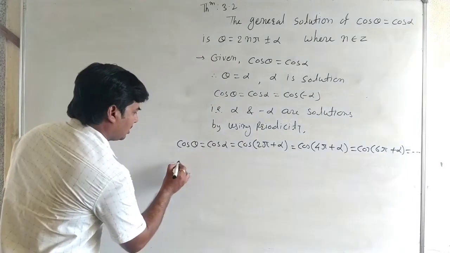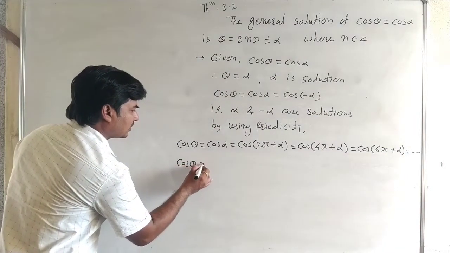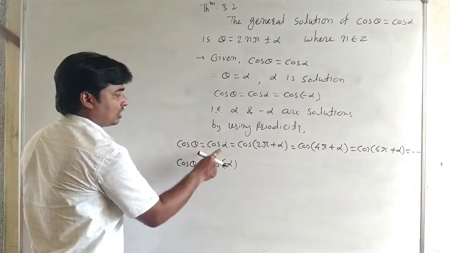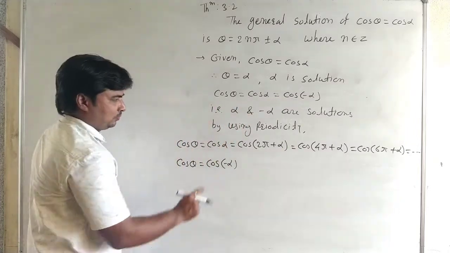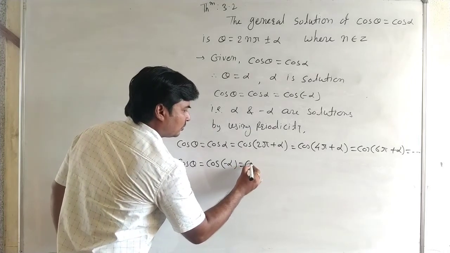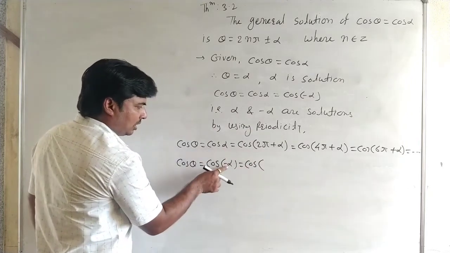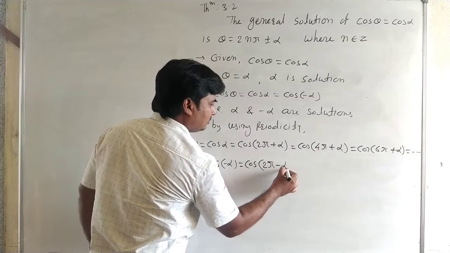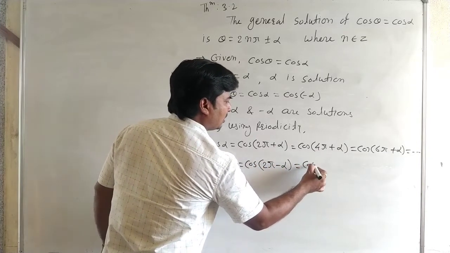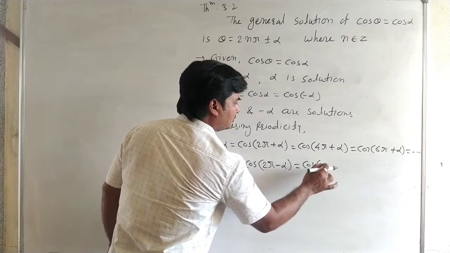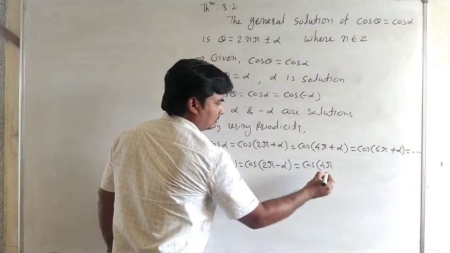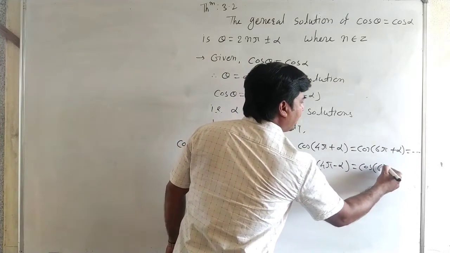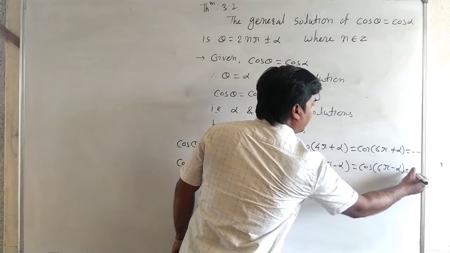Now cos theta is equal to cos minus alpha, because alpha and minus alpha are the solutions. Therefore we can write, replacing alpha by minus alpha, cos 2 pi minus alpha, cos 4 pi minus alpha, cos 6 pi minus alpha, and so on.